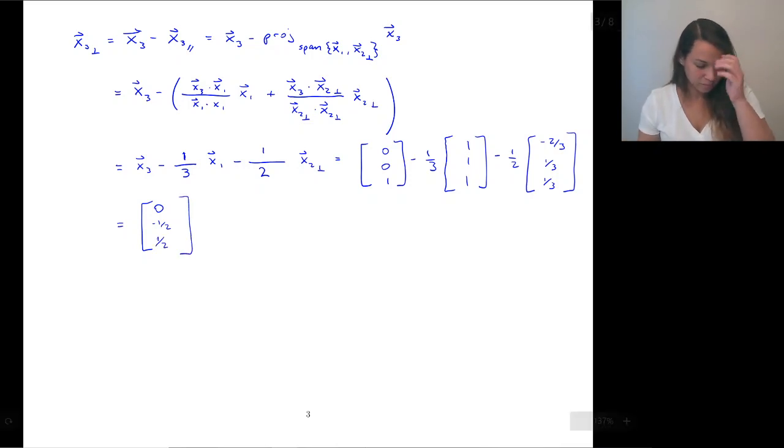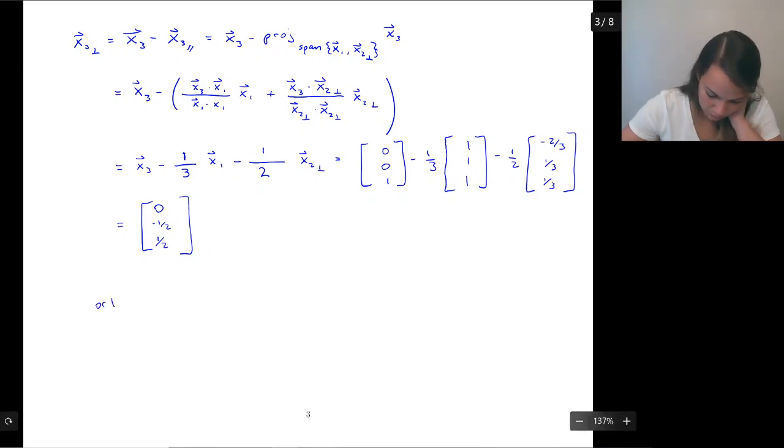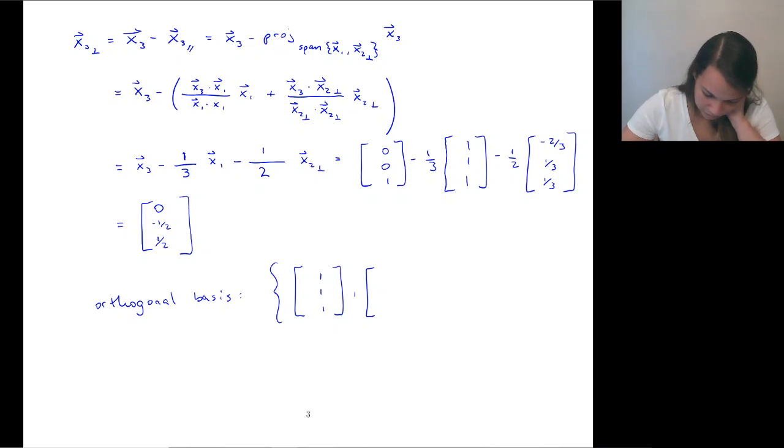Okay, so then our orthogonal basis for R3 that came from the vectors we were given is 1, 1, 1. So it's just that first one again. And then negative 2/3, 1/3, 1/3.